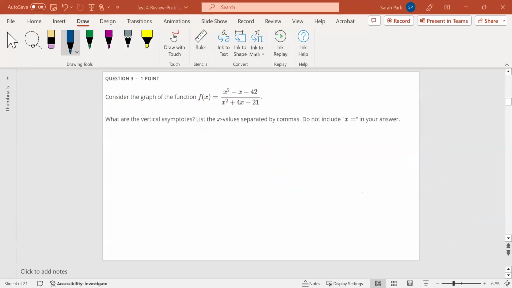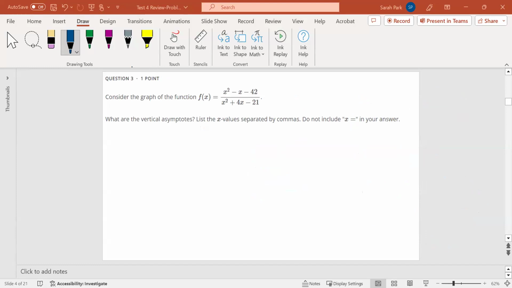Okay, number 3 says to consider this graph, f of x equals x squared minus x minus 42 over x squared plus 4x minus 21. We need to find the vertical asymptotes. Now, to find the vertical asymptotes, we need to write it in factored form.